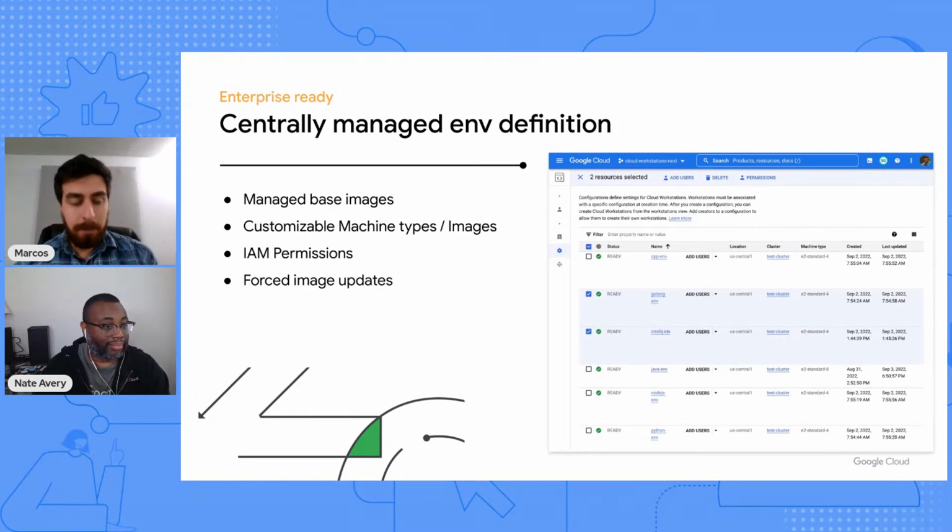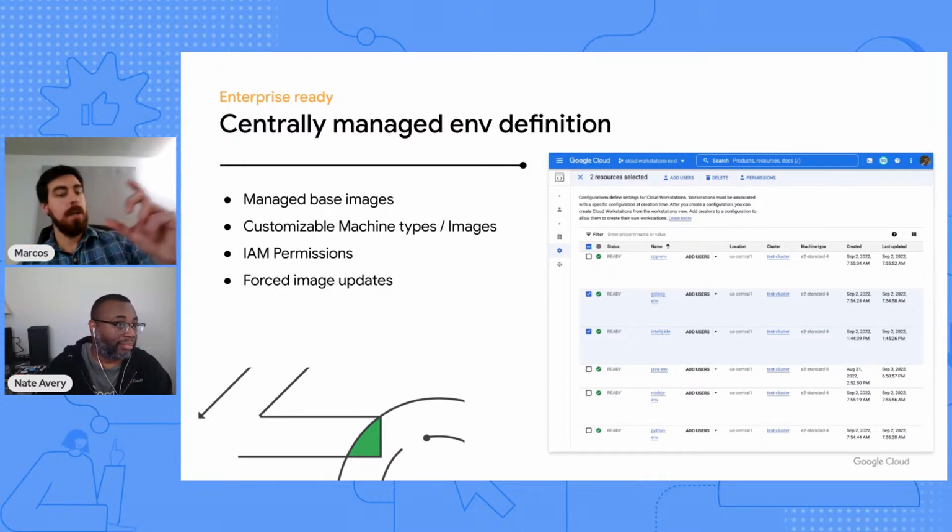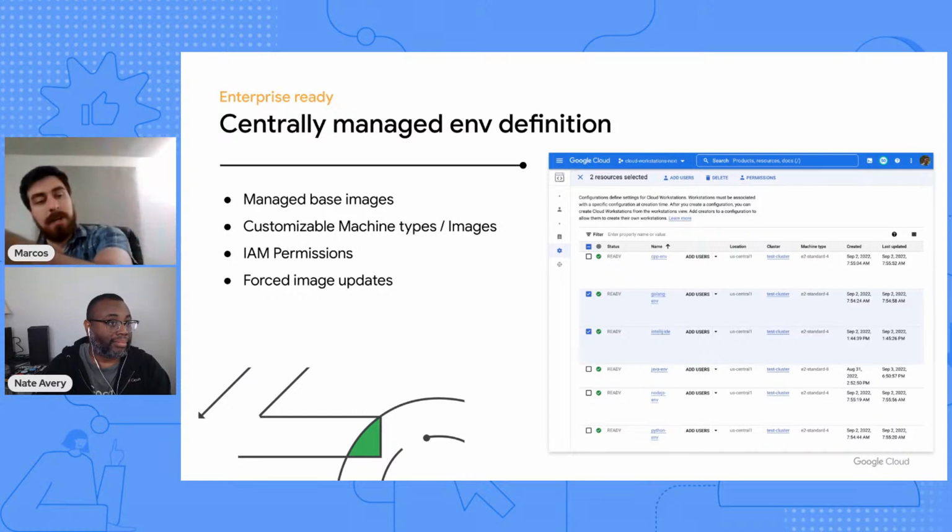Let's say you want to update the configuration of the workstations of a specific team. All you need to do is open the configuration and modify the settings, and the next time your developers start a workstation, they'll get all those environment settings automatically updated to match the central definition of your configuration.